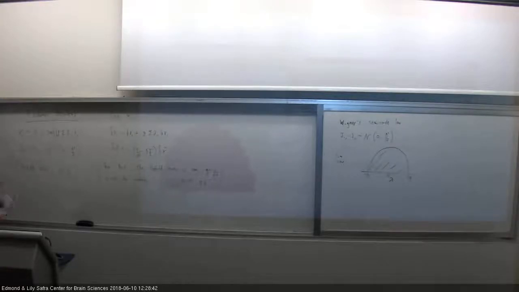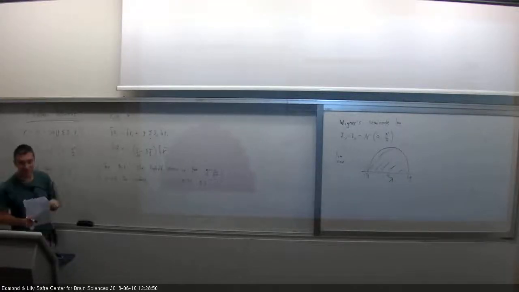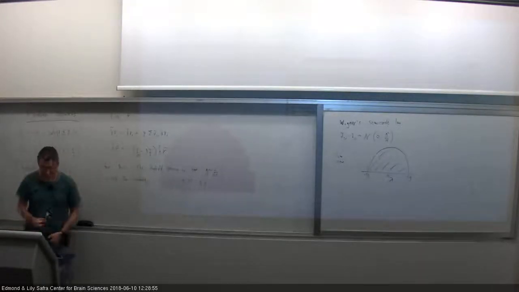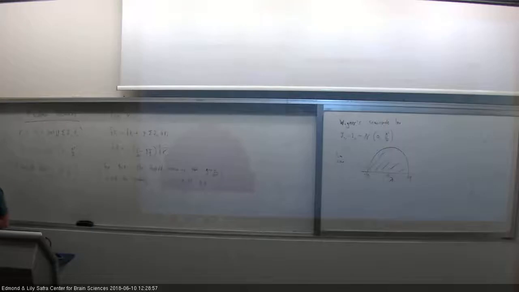So this tells us the conditions under which the zero fixed point will lose its stability and will become unstable. Questions?